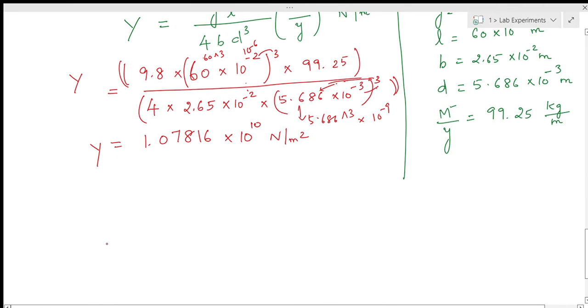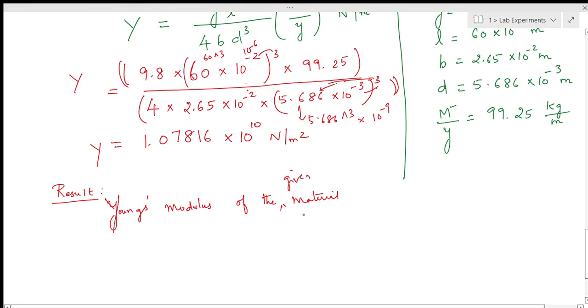So the result is the Young's modulus. You can write it in this way: the Young's modulus of the given material, or whatever material is provided to you.